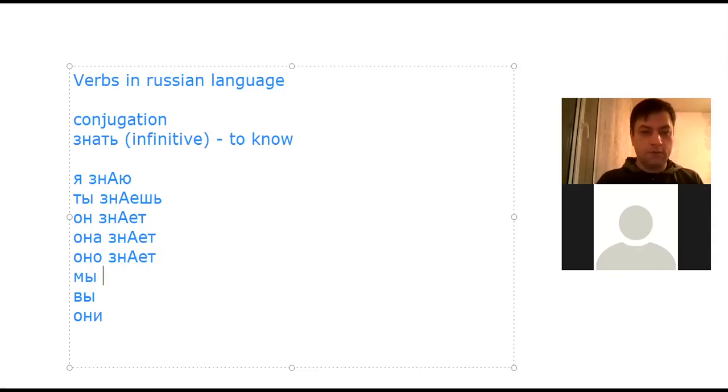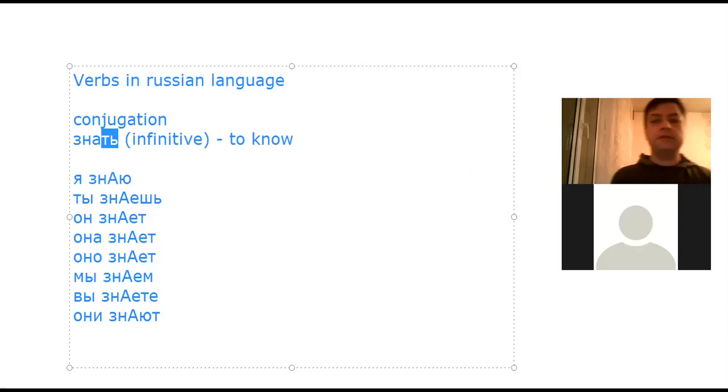Знает. Мы знаем. Вы знаете. Они знают. So please note that when we started conjugating that verb, we took away the ending and put a different ending instead.